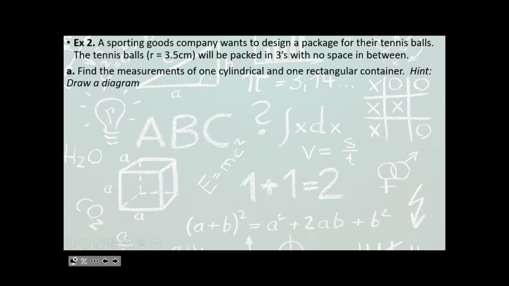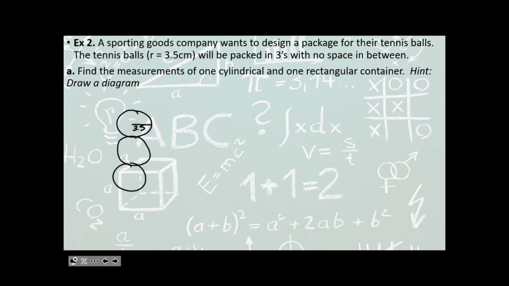The tennis balls have a radius of 3.5 centimeters and will be packaged in threes with no space between them. So then it says find the measurements of one cylinder and one rectangular container. So what they're doing is they're taking these tennis balls, with a radius of 3.5, and stacking them right on top of each other.